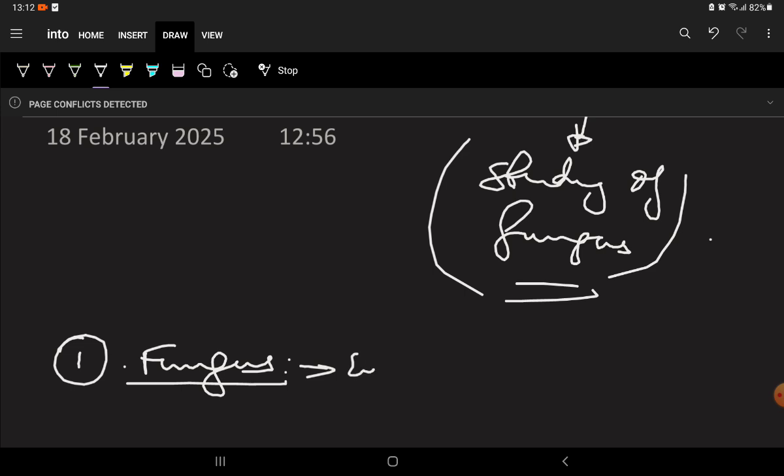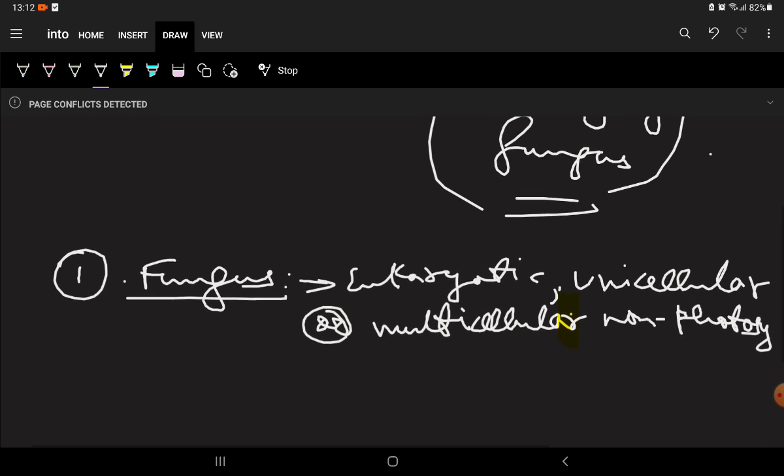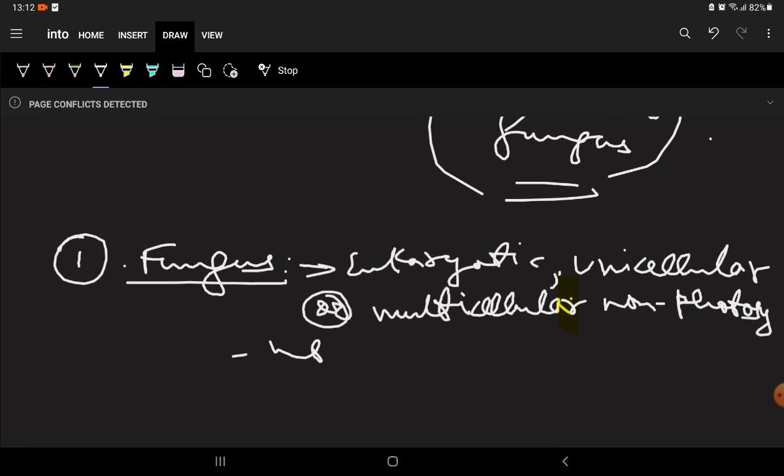So fungus is eukaryotic, unicellular or multicellular, non-photosynthetic organisms, which cause disease in animals.